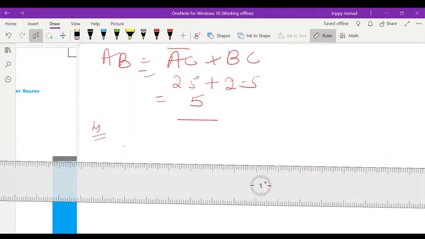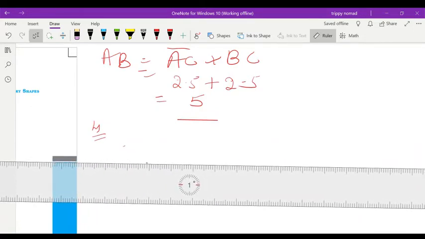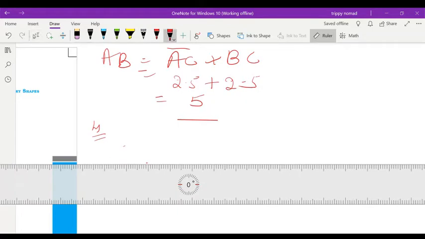This one, question number 4. 1, 2, 3, 4, 5, 6, 7 and this one 8.